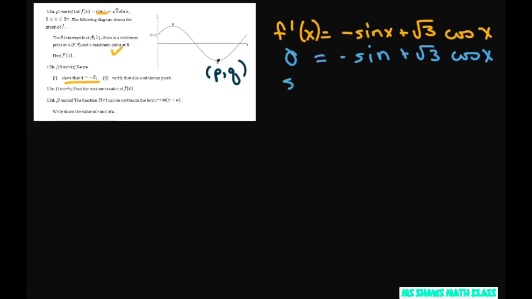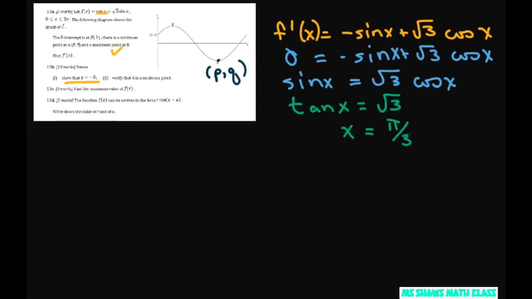You get sine of x, add sine of x to both sides, equals square root of 3 cosine of x. Divide both sides by cosine, you get tan of x equals square root of 3. So x equals pi divided by 3 and 4 pi divided by 3.